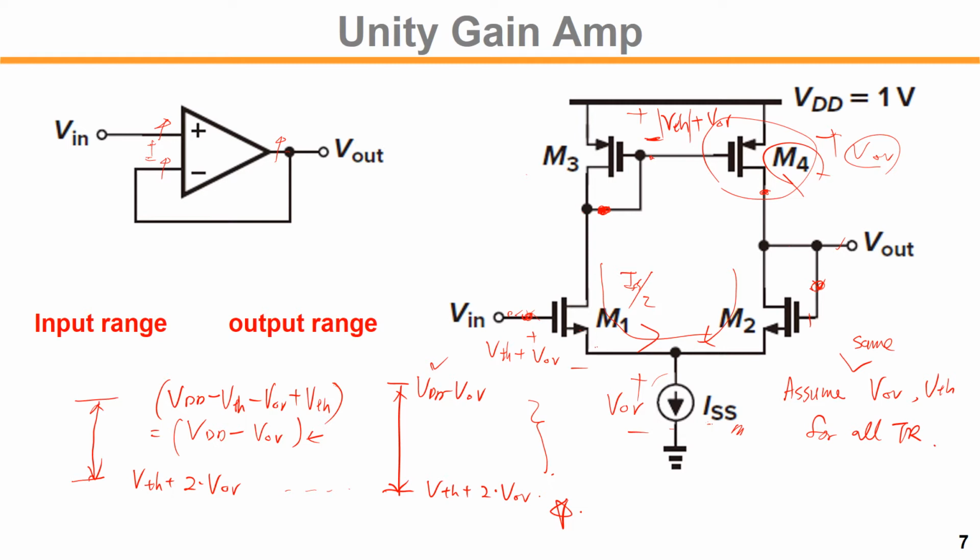As you can see, to maximize the input and output range, a small VTH would be better, right? And a small overdrive, for a larger range, right?